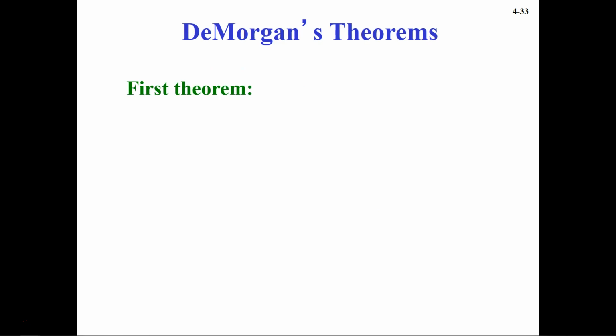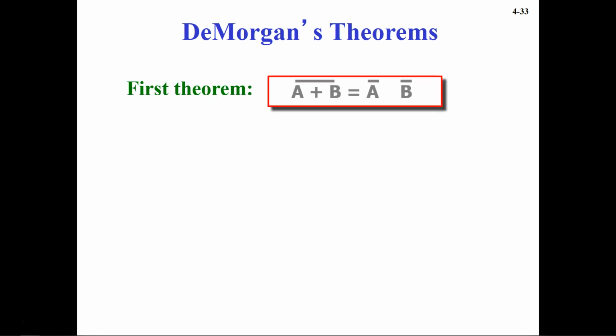Now let's see the first theorem, A plus B whole bar is equal to A bar dot B bar, and we are going to see the equivalent logic gates for this case. You know that this plus sign is used in an OR gate, right?